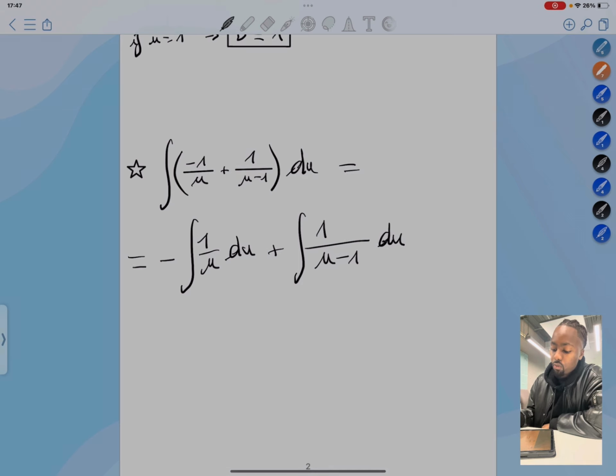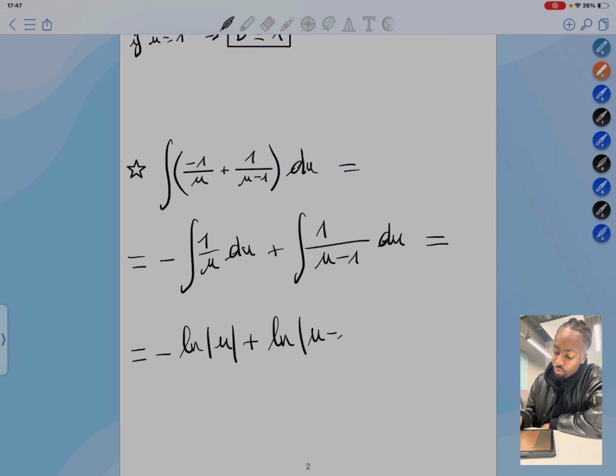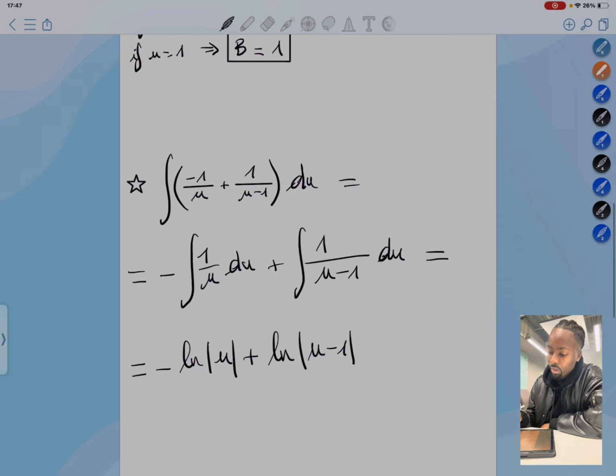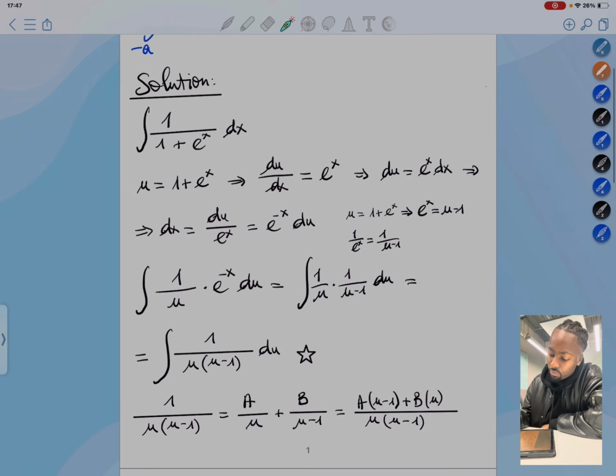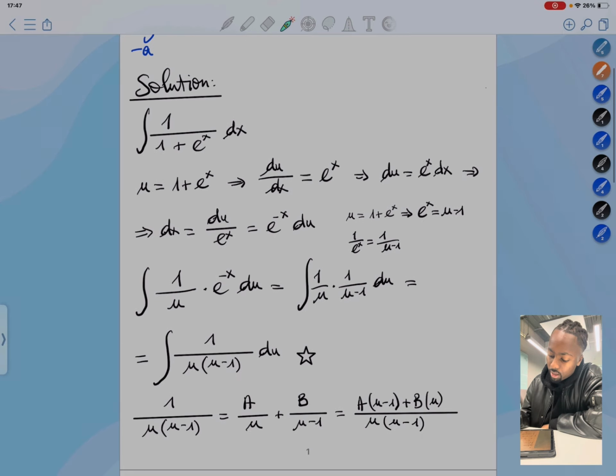Now the integral of 1 over u, we know that it is equal to the natural log of absolute value of u. So this would be minus ln of absolute value of u, then plus ln of absolute value of u minus 1. Right. But if we go back, our u was set to be this.